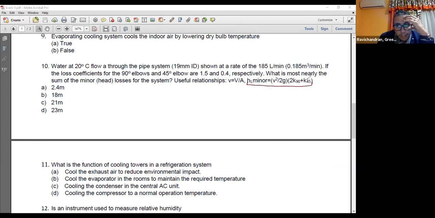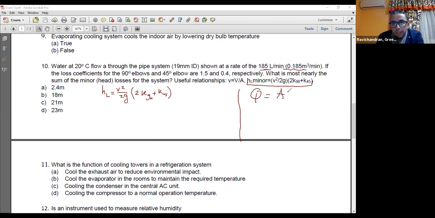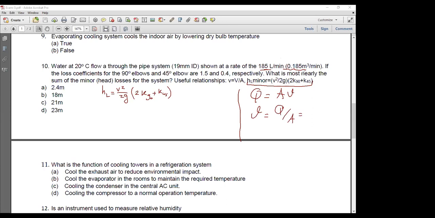This is the equation given. H losses equals V squared over 2g times K90 plus K45. Where is the velocity? It's not given, but we have Q, this value or this value, whatever. Q equals A V, so velocity equals Q over A, so equals this point 185.